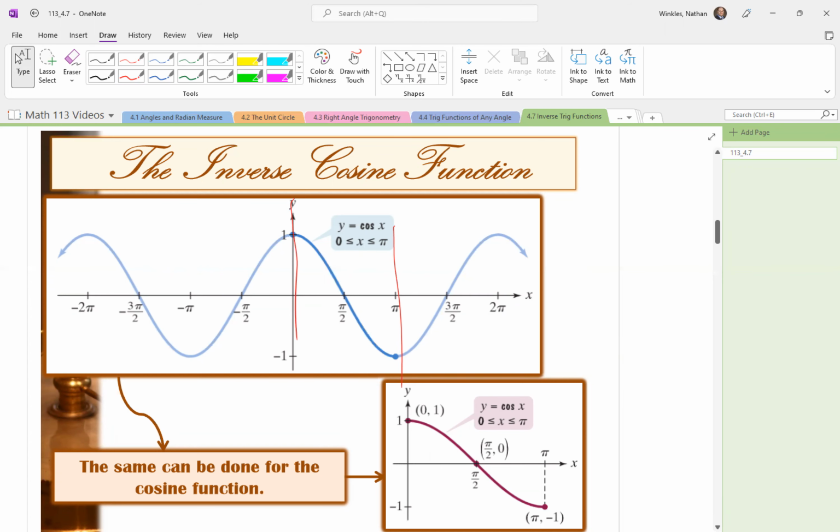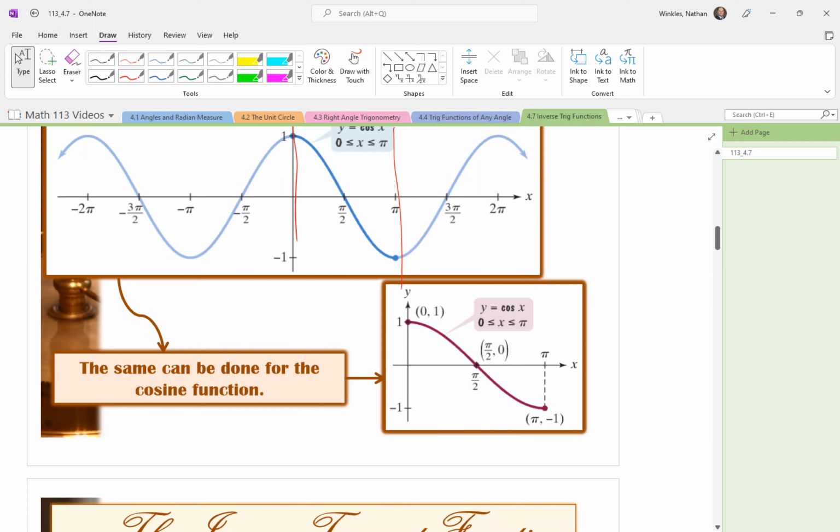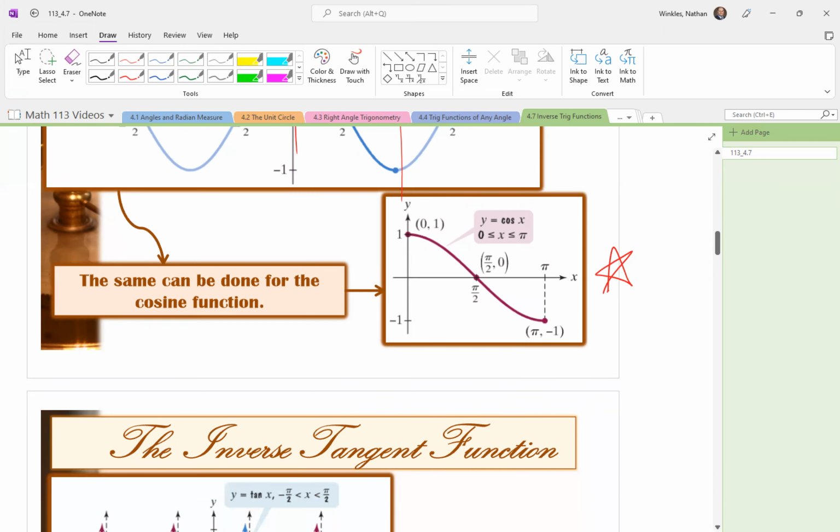If we just look at the cosine function between 0 and pi, that brings us to this nice little function here. In a lot of cases, sine and cosine go together, but we need to make sure that we see how we can do things individually.